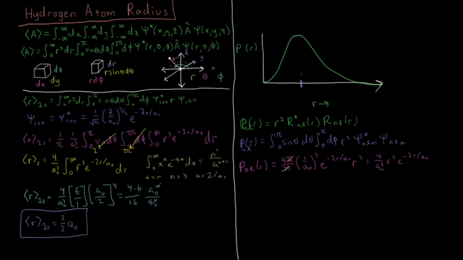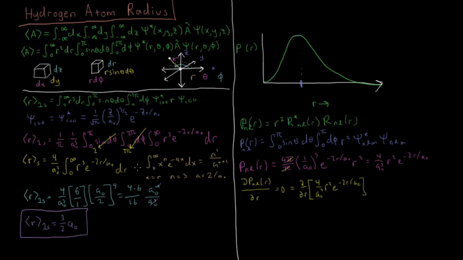We can do that by saying that the derivative of this function with respect to radius equals 0. We see the derivative of P with respect to r is 0 at this peak here. And that's going to happen when we have the derivative with respect to r of the function 4 over a naught cubed, r squared e to the minus 2r over a naught.